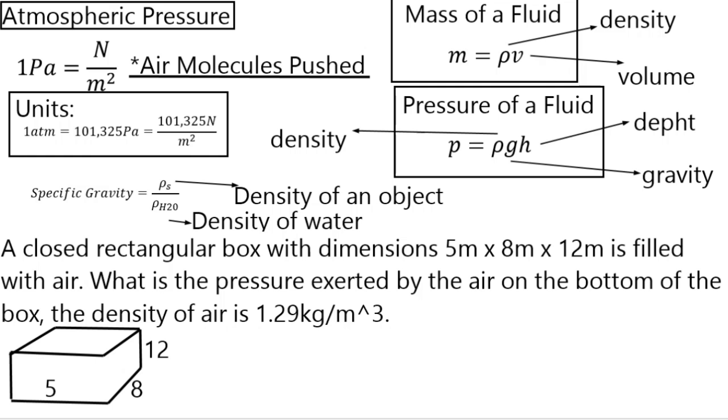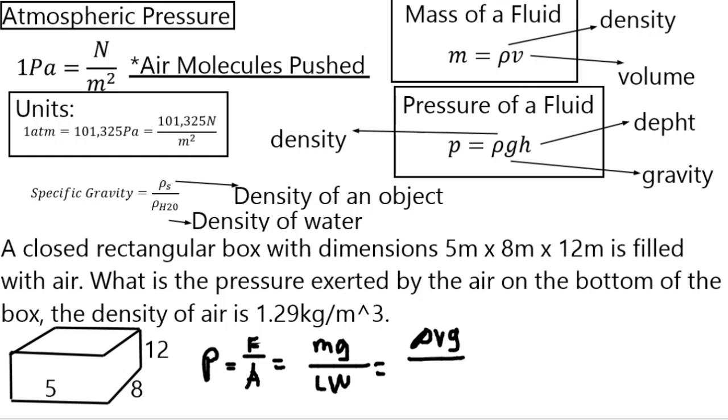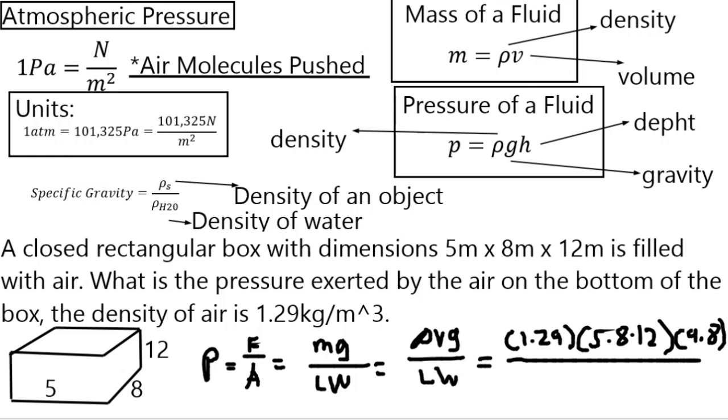Now let's try another problem. A closed rectangular box with dimensions 5 by 8 by 12 is filled with air. What is the pressure exerted by the air on the bottom of the box? The density of air is 1.29 kilograms per cubic meter. We're just going to simplify this problem using the equation above, and we got this formula at last. Our density is 1.29, our volume is 5 times 8 times 12, and our gravity is 9.8.